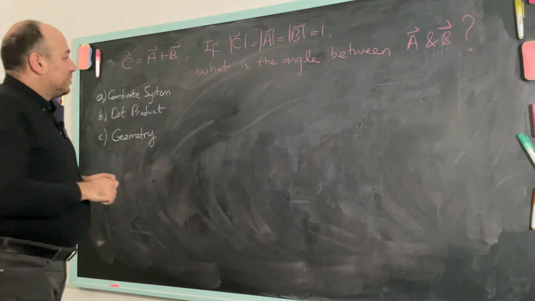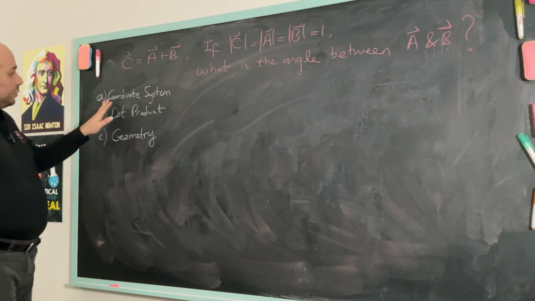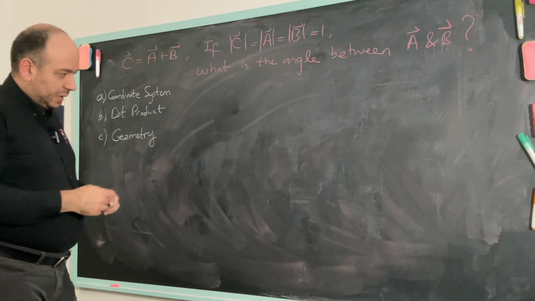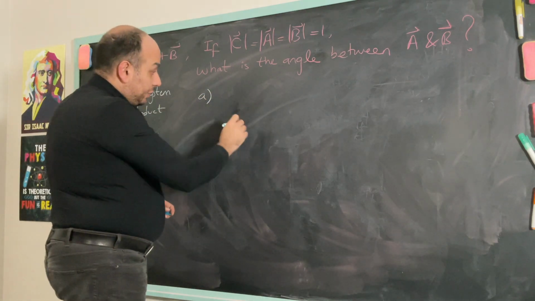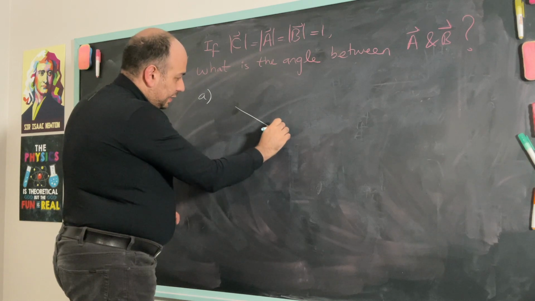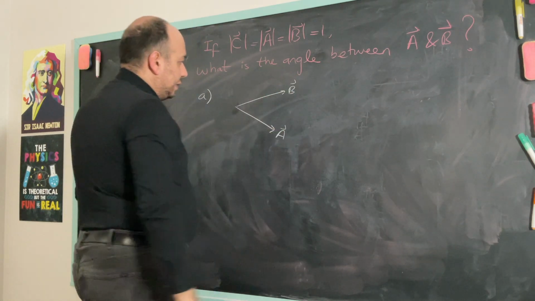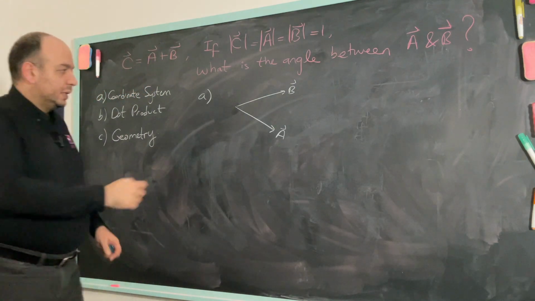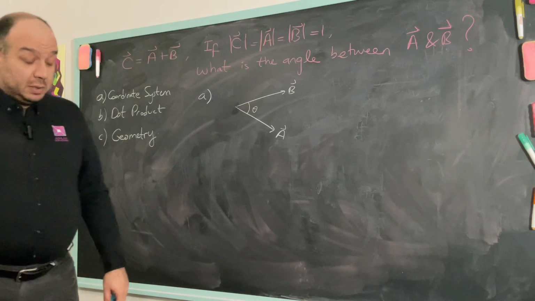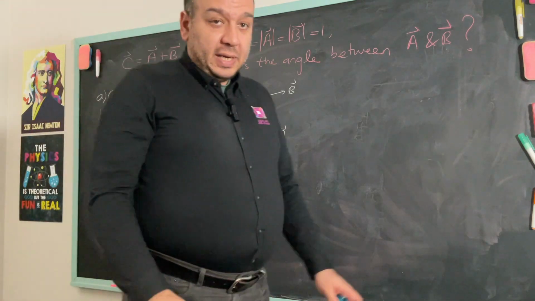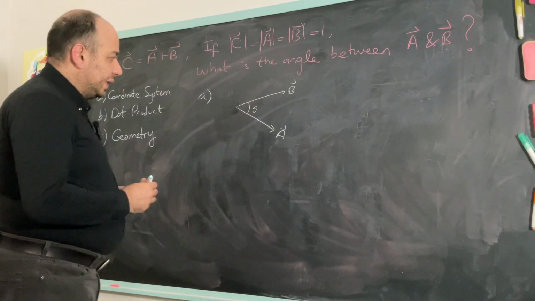Anyway, let's start with the first solution. We'll be using a coordinate system. I already know that A, let's say A is like that, and B is like that. They are not parallel or anti-parallel, so there's an angle between them, theta. Two vectors which are not collinear define a plane.